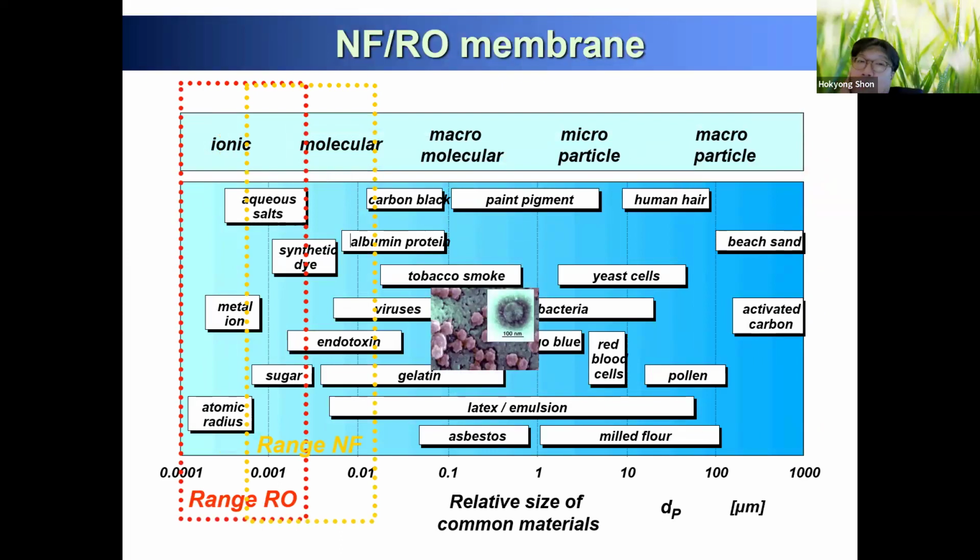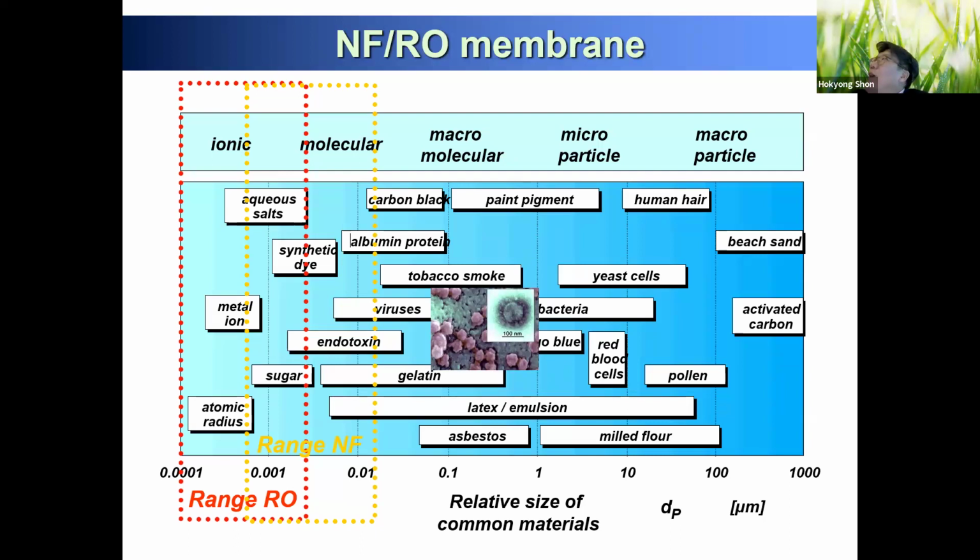This is the size scale of reverse osmosis. A water molecule, H2O, is 0.3 nanometers. H2O has to pass through the membrane, and then sodium chloride, the salt, has to stay behind.